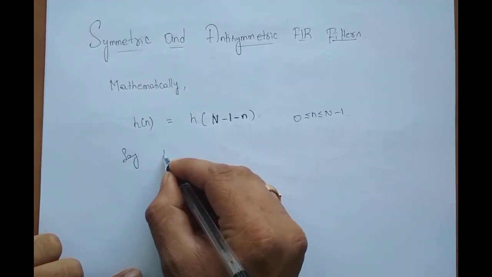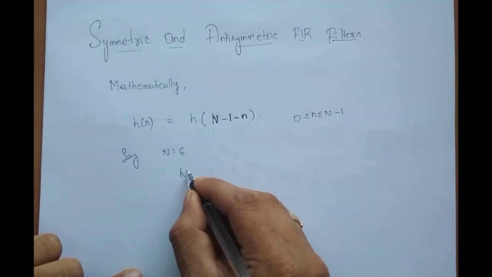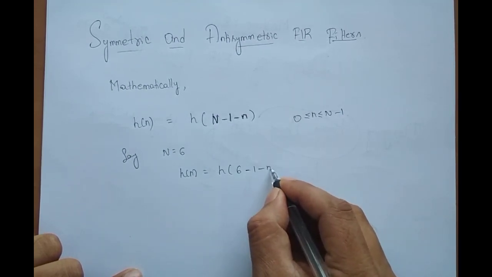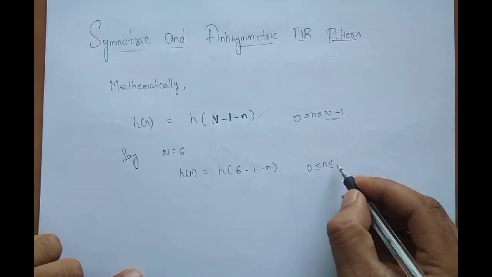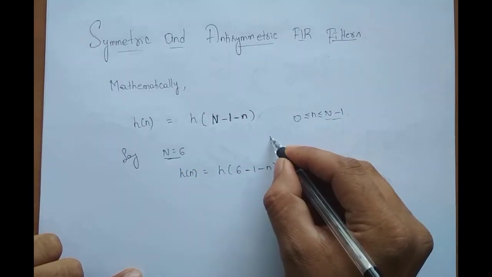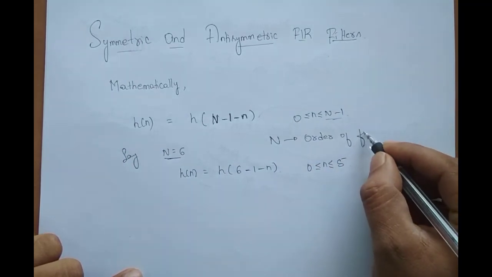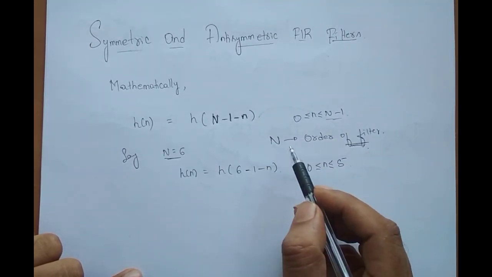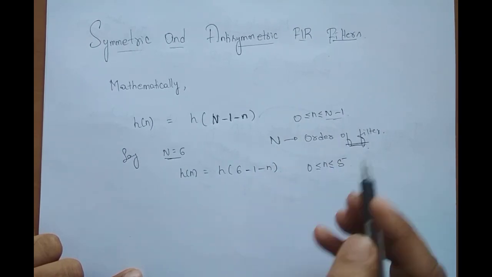Say N is equal to 6. So h of n is equal to h of 6 minus 1 minus n, and n is varying from 0 to N minus 1, which is 5. This capital N is the filter order. Don't confuse this N with our N-point DFT.